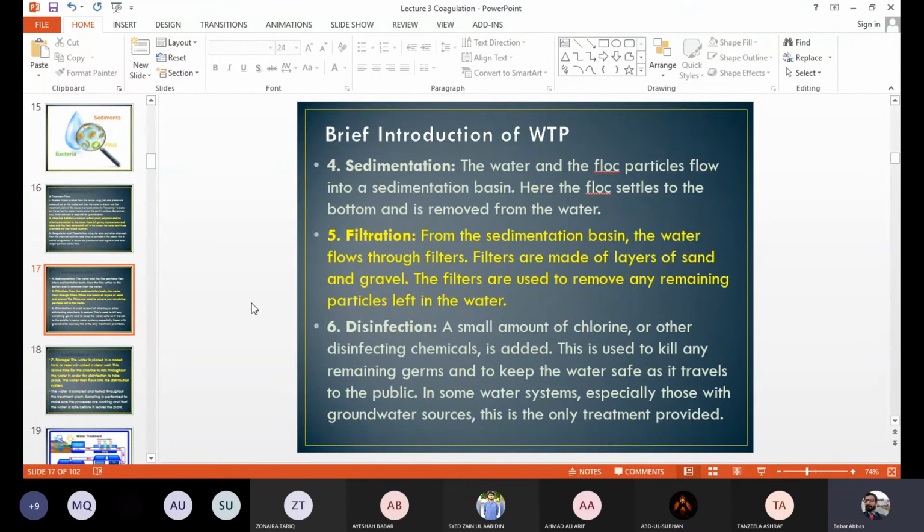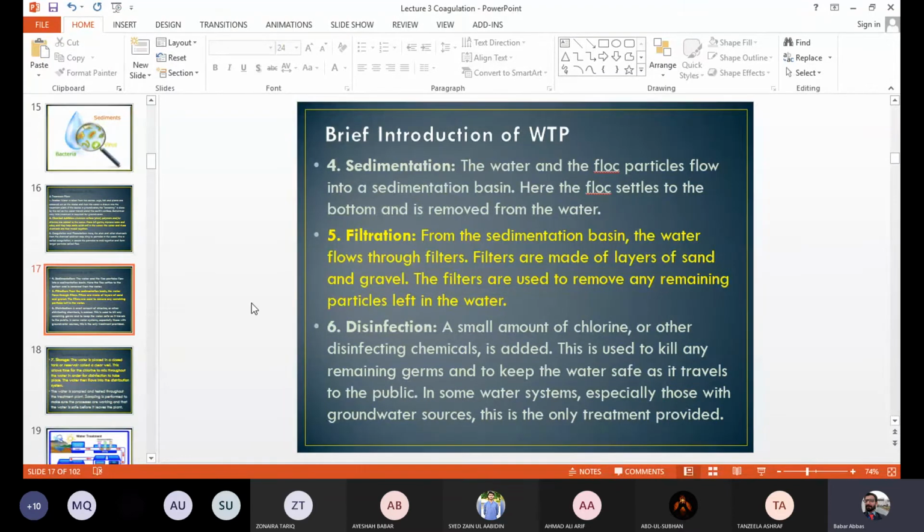Disinfection is the process in which the microorganisms which were present and escaped from coagulation, flocculation, sedimentation and filtration are dealt with. Those were the agents which can cause health problems in the human body.